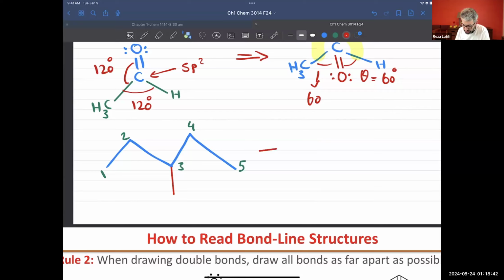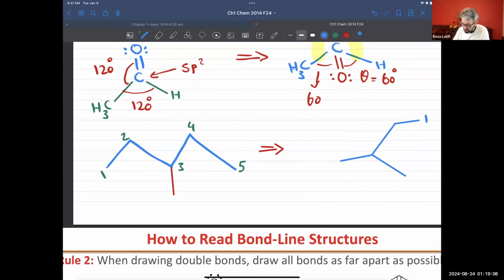And how about this? Can I draw it this way? Say you have that one. So I go 1, 2, 3, and next, let's say you put this one down here, and make it 4, 5. That's another one. It's possible.